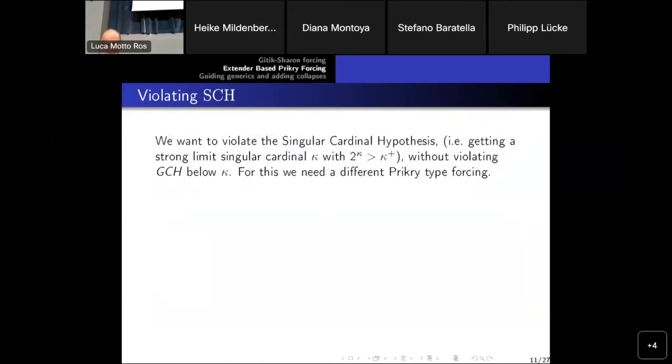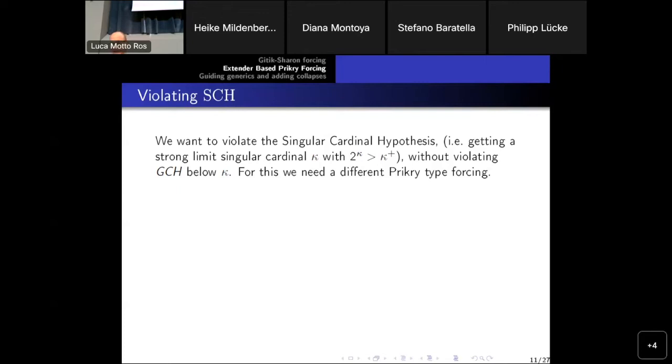Okay. So next, let's talk about violating SCH. We already violated SCH, right? But let's talk about violating SCH without violating GCH below our cardinal. Okay, this is the goal.